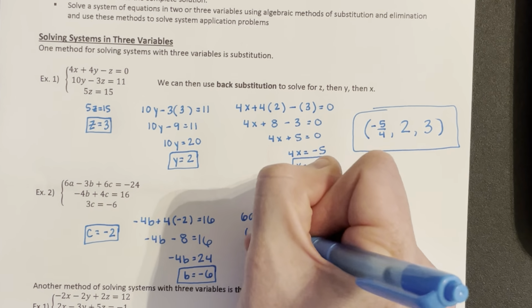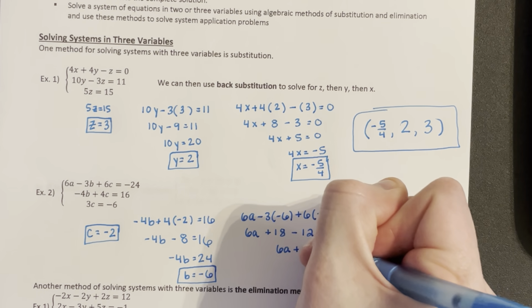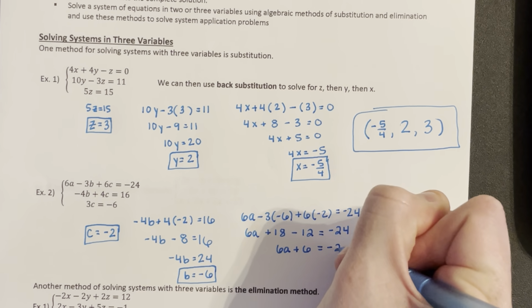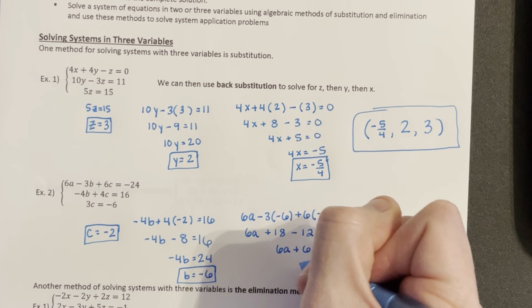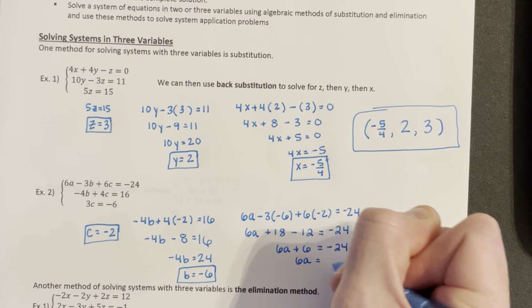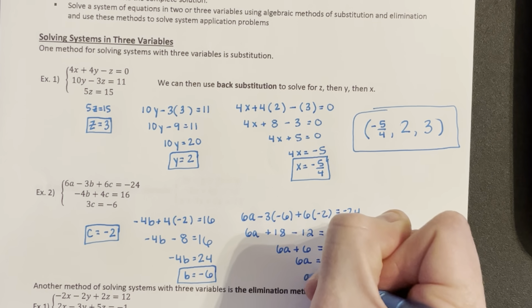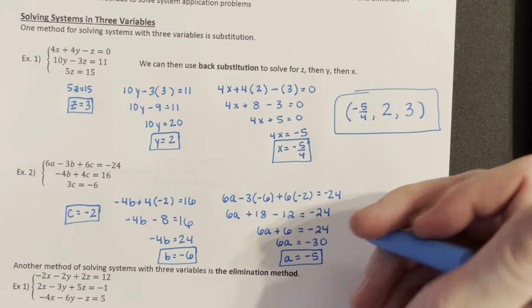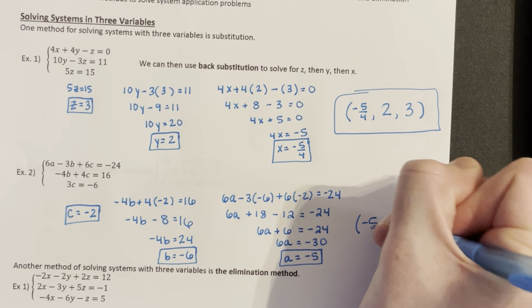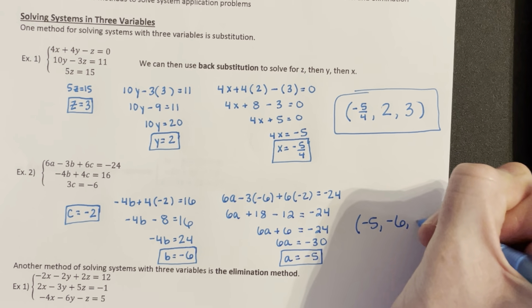If I combine like terms on the left side, we get a positive 6. And then we subtract 6 to get negative 30. Divide by 6 gives me negative 5. Using all three parts, we found a point of negative 5, negative 6, negative 2.